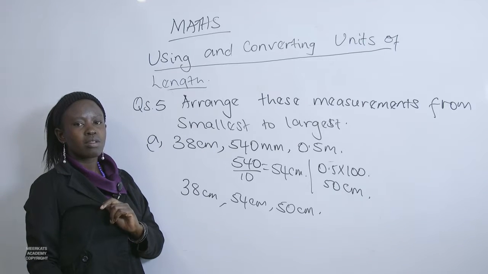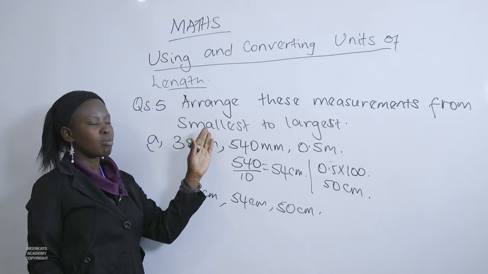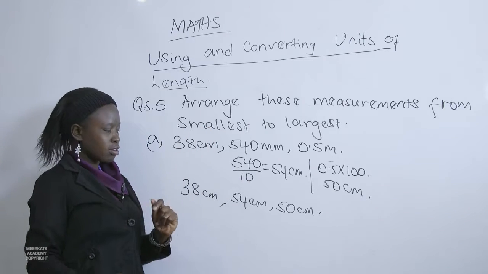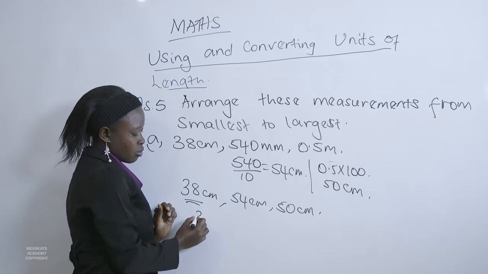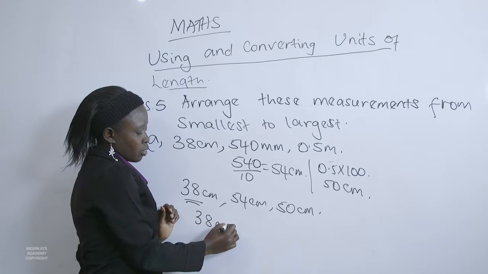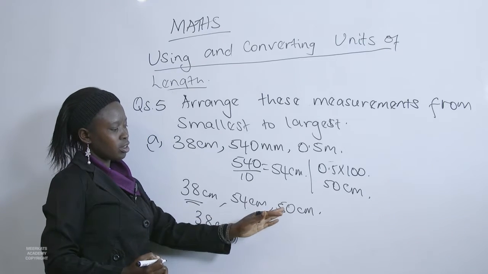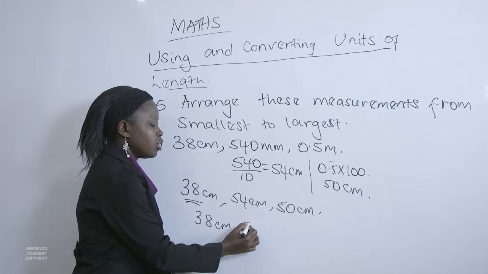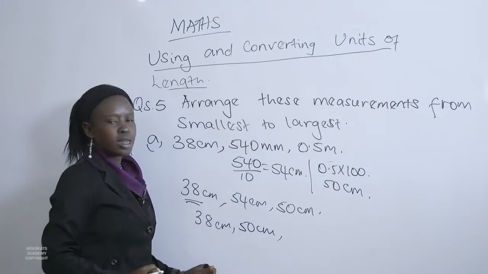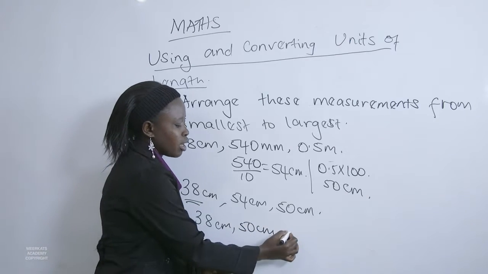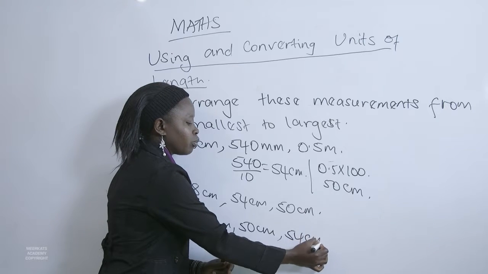Whatever the question requires us to do is to arrange from the smallest to the largest. So the smallest value, we have 38. The next value from 38, we have 50. Then the next value from 50, we have 54.